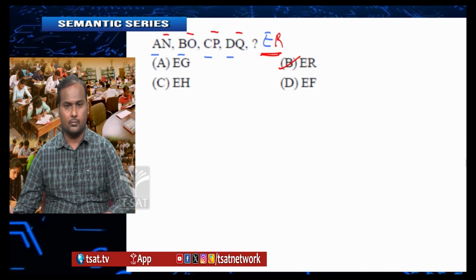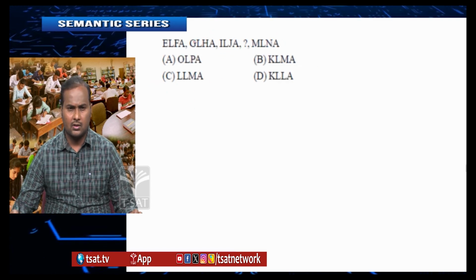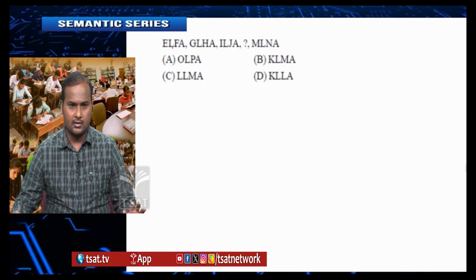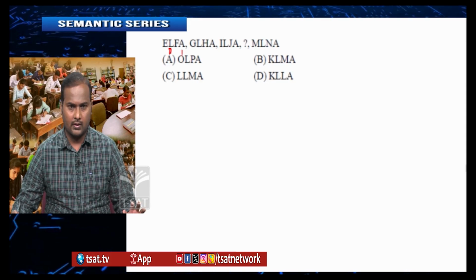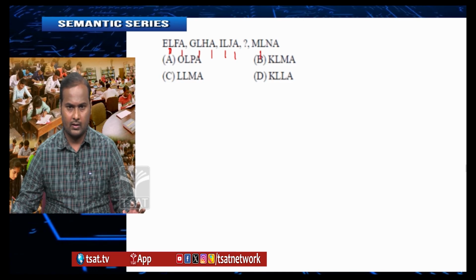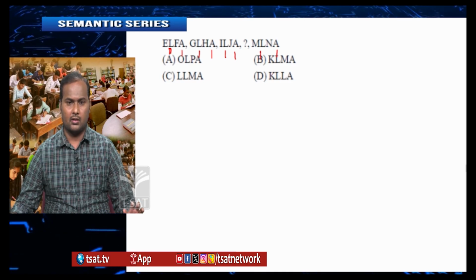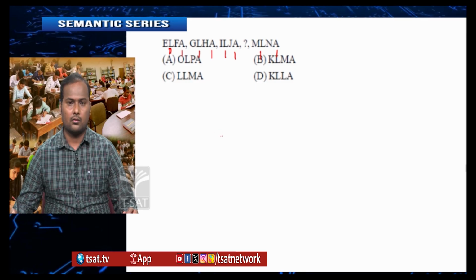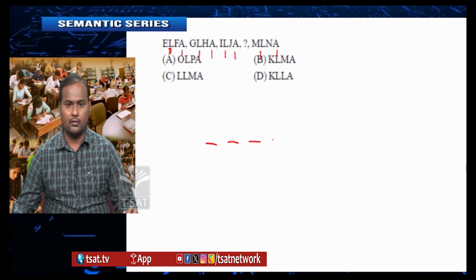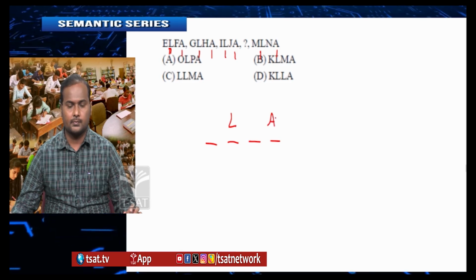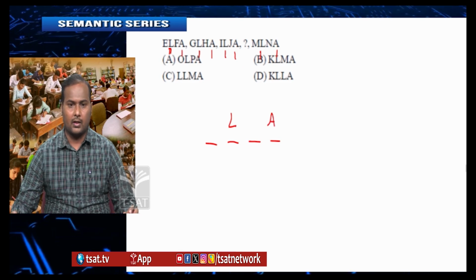That is the pattern. See, in this question there are two letters that are very constant, that is L, A, L, A, L, A. Obviously I know that these positions are constant in all the series. So out of this 4, 1, 2, 3, 4, that is L and A are constant. Now I need to check the remaining one.